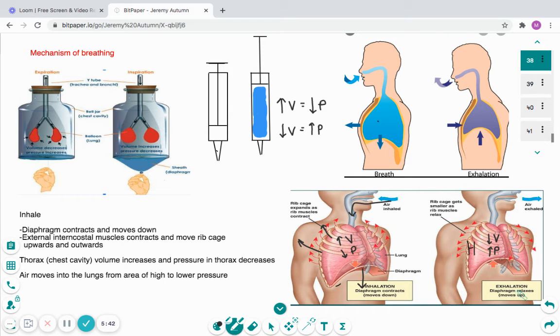The diaphragm, a muscle, now relaxes, and the diaphragm's natural position is to be in a curved shape, so it naturally pushes up. That's going to decrease the volume of the lower part of the chest cavity. The external intercostal muscles are going to relax, but the antagonistic muscles that work against them are the internal intercostal muscles.